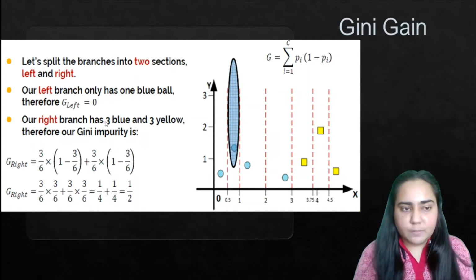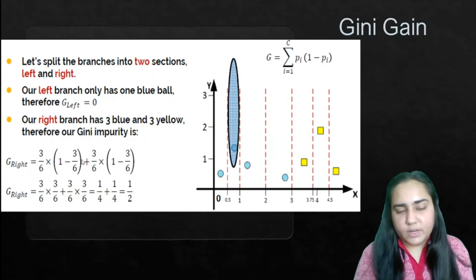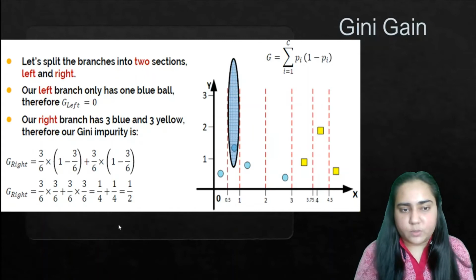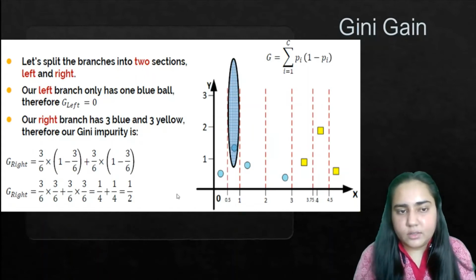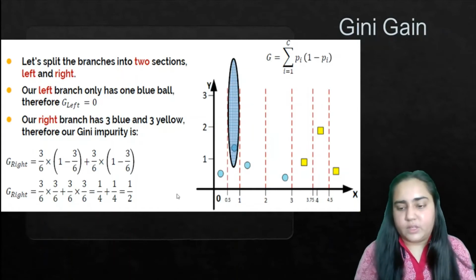So the Gini gain for the right side, that is G right, is 3 by 6 into 1 minus 3 by 6, because there are a total of 6 balls and 3 are blue, 3 are yellow. So 1 minus 3 by 6 plus 3 by 6 into 1 minus 3 by 6, same, which gives us 1 by 4 plus 1 by 4, which is 1 by 2. So that means it's 0.5. That is our G right.